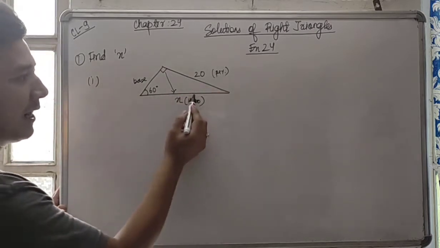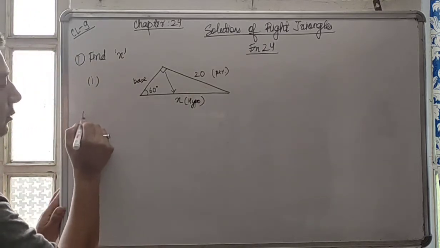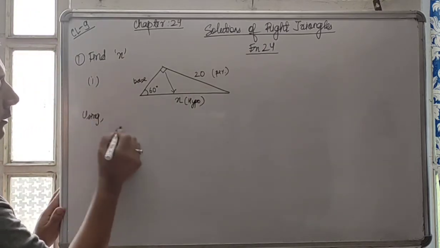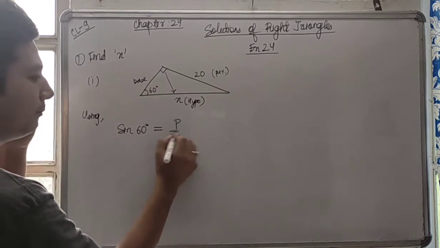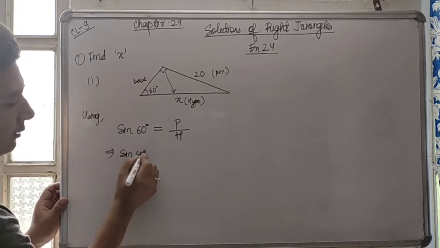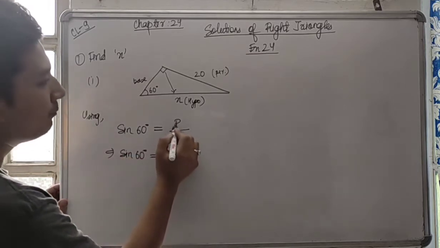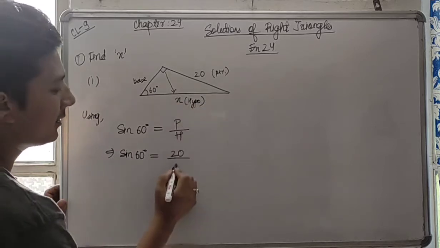I know the hypotenuse and I know the perpendicular, so I can use sine 60 degree. Therefore sine 60 degree is equal to perpendicular over hypotenuse, that is 20 over x.